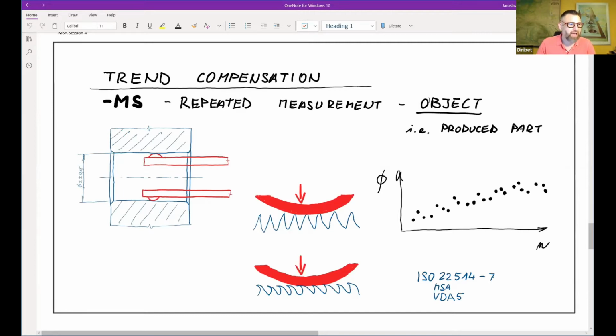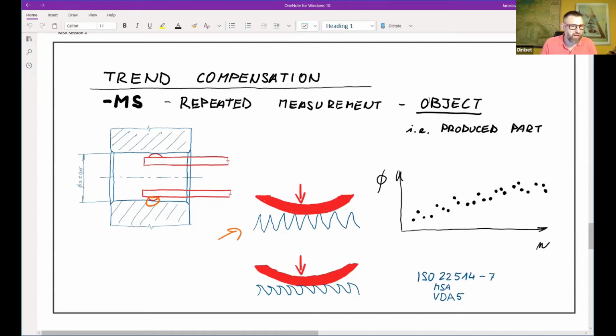All right, if we have an object, what sometimes happens, and it's not really exceptional, is that the measurement system is actually changing the measured object. The example I have here is that we measure an internal diameter, and this internal diameter has a mark of a production tool, marked right here.